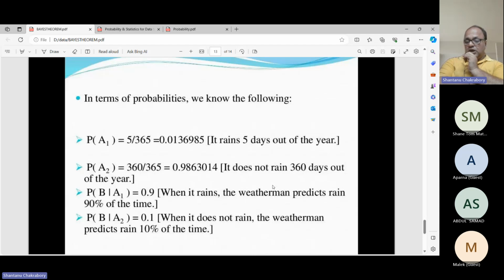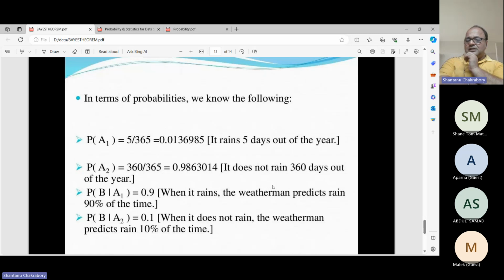What is the probability when it does not rain, which is the event A2, and the weatherman predicts it rains? That is 10% of the time. So the weatherman has predicted 90% of the time it does not rain, and 10% of the time it rains.